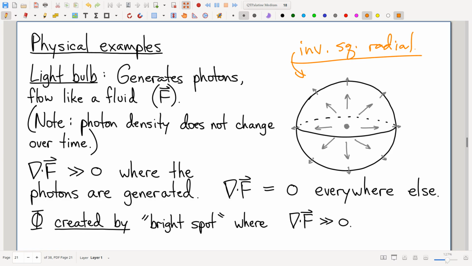The reason the magnitude gets lower as you go farther away is because this vector field does not represent velocity. It represents velocity times density. And as you get farther away from the center, the photons spread out. They get farther apart from each other. The photon density decreases. So the velocity doesn't decrease, but the density does, and so the vector field magnitude decreases.